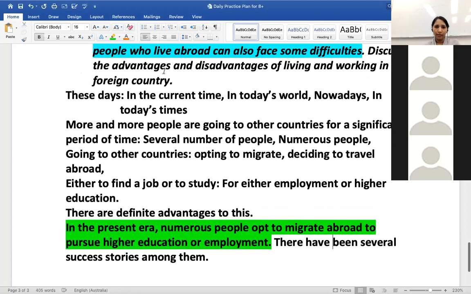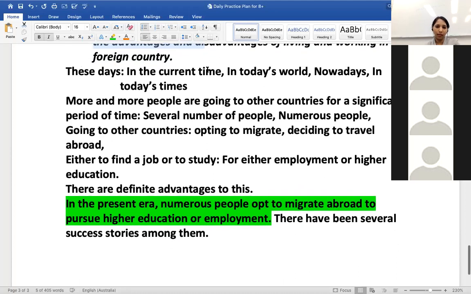Now you put disadvantages and disadvantage. Discuss the advantages and disadvantages of living and working in a foreign country.